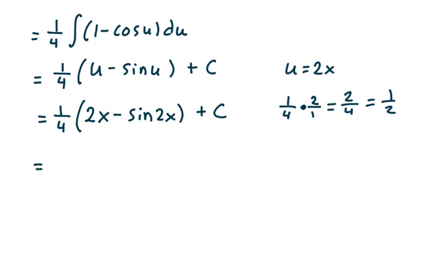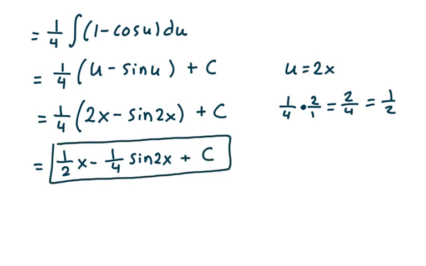And so this is 1/2 x minus 1/4 sine of 2x plus c. And that's how we do 17.